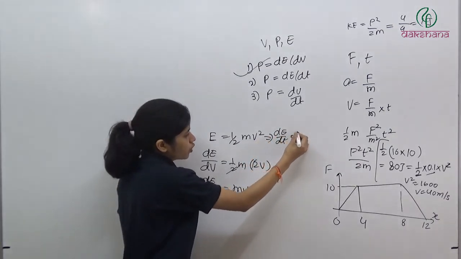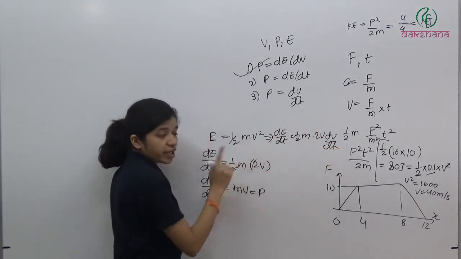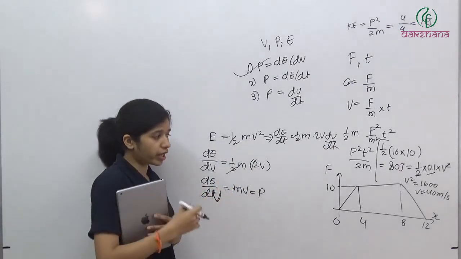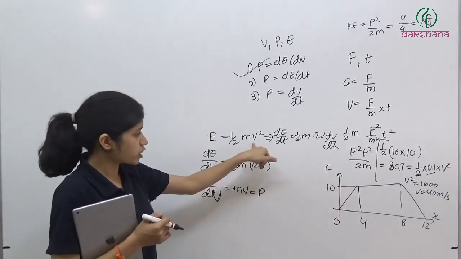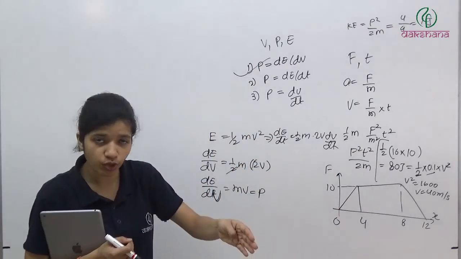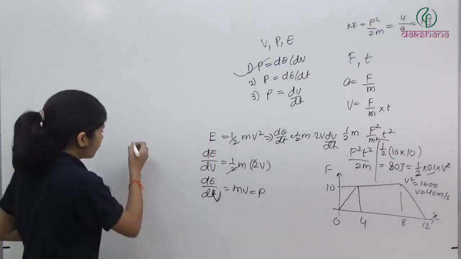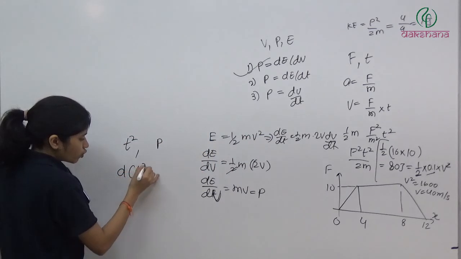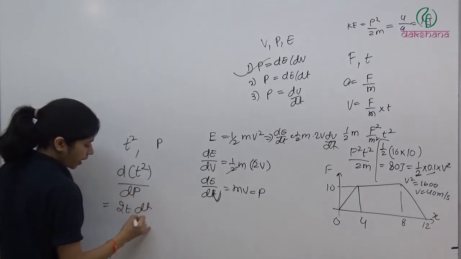Now try this. If we do dE by dt, we'll get dE by dt is equal to half m 2v dv by dt. Now we are not differentiating with respect to v, we are differentiating with respect to time. So v is not time, so we'll have to separately write the differentiation of this variable with respect to time. If this were time, then directly we can write 2t, since differentiation of t square with respect to t is 2t. But differentiation of t square with respect to some p, let's say, will be 2t dt by dp.